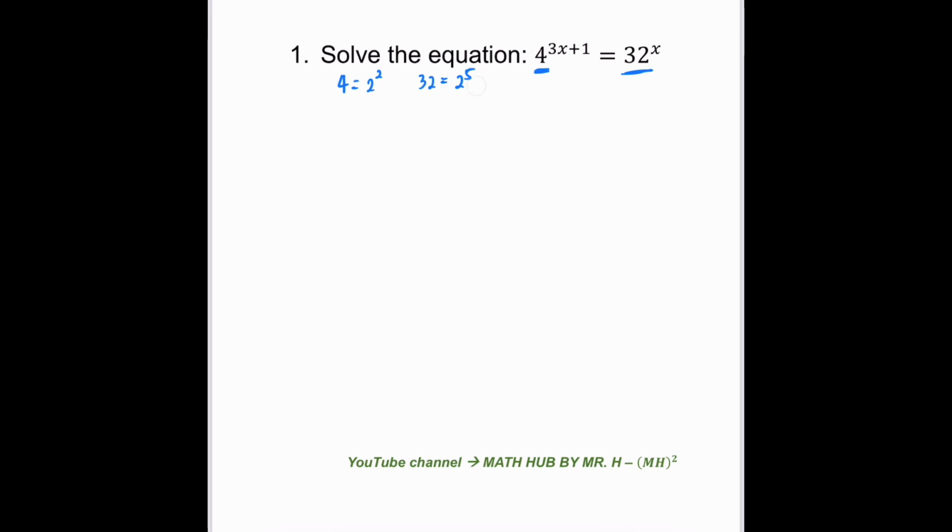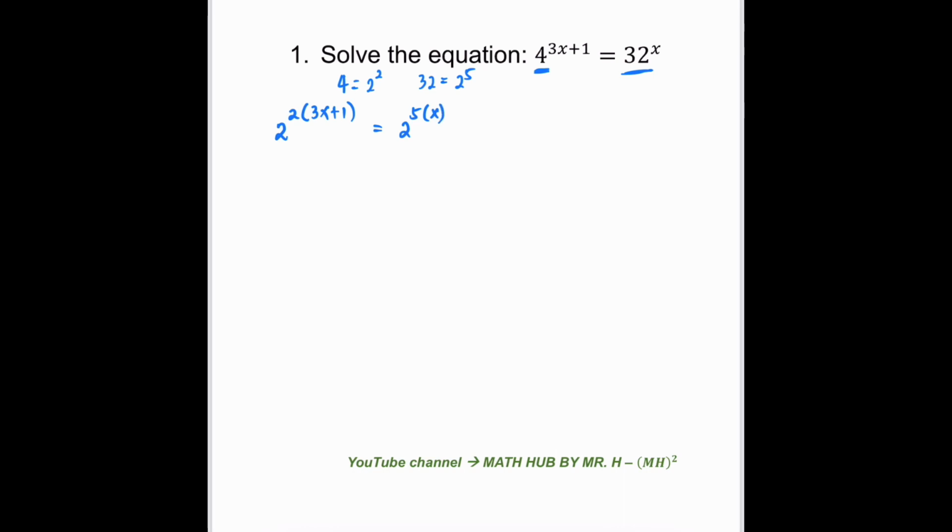So let's jump straight to our solution. We're going to write 2 to the power of 2 times 3x plus 1 will be equal to 2 to the power of 5. So we're just rewriting 32 as 2 to the power of 5, then multiplied by x.